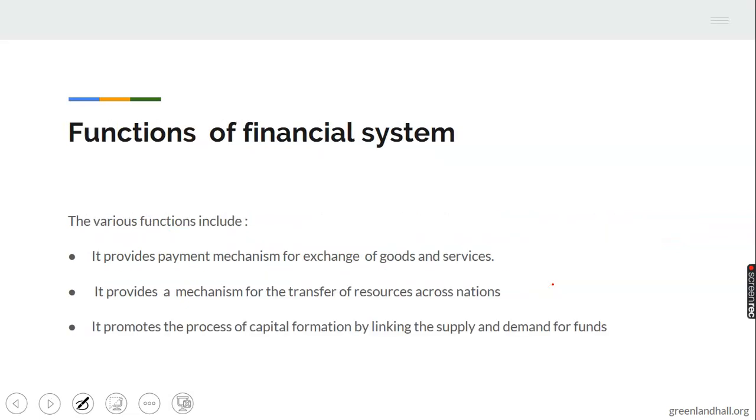What are the functions of financial system? The various functions of financial system include 1. It provides payment mechanism for the exchange of goods and services.